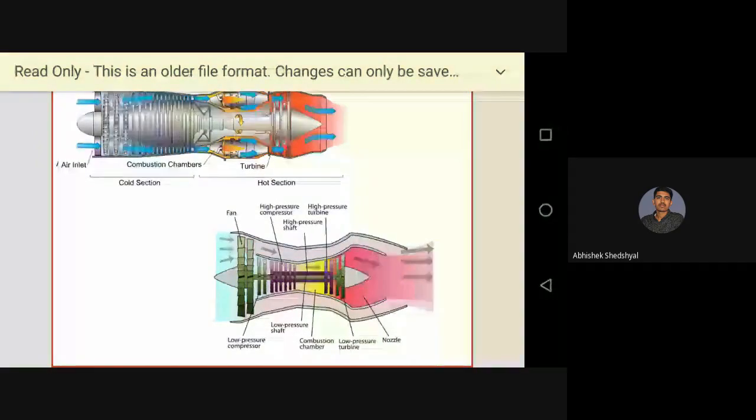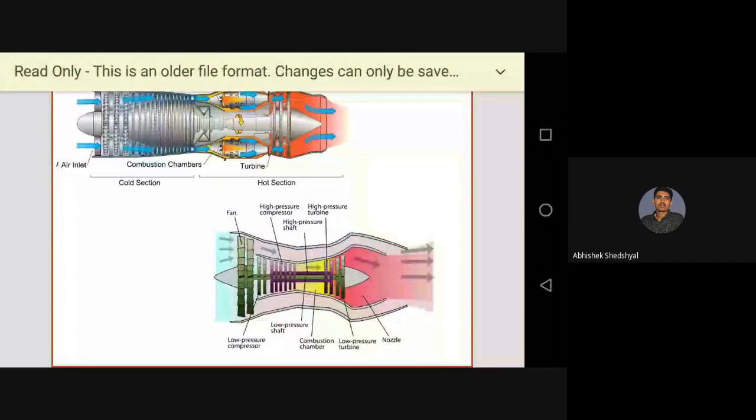But for the jet engines, we don't need the turbines to produce power; we only need some stages to run the compressor. So if you compare the number of compressor stages to the turbine stages, the turbine stages are very few. That is one intention. There are different sections they have shown, hot section, cold section, like that. Our focus today is more on the hot section.